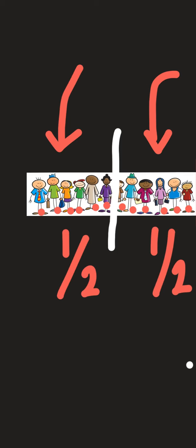So I can check that they're equal by making sure that each group is the same size. 1, 2, 3, 4, 5, 6, and 1, 2, 3, 4, 5, 6. So they are equal. So that means this group is a fraction of the whole, and this group is a fraction of the whole class as well. So I've got half of the whole class here and half of the whole class here.